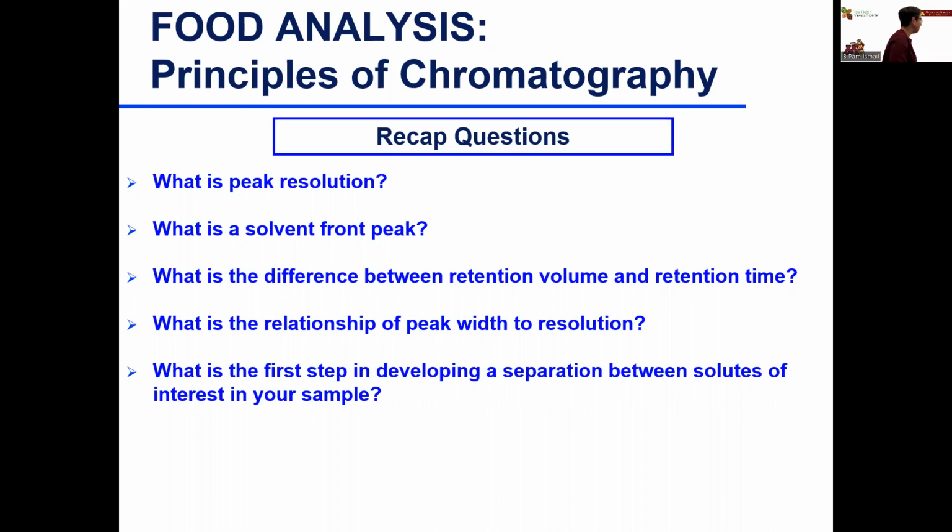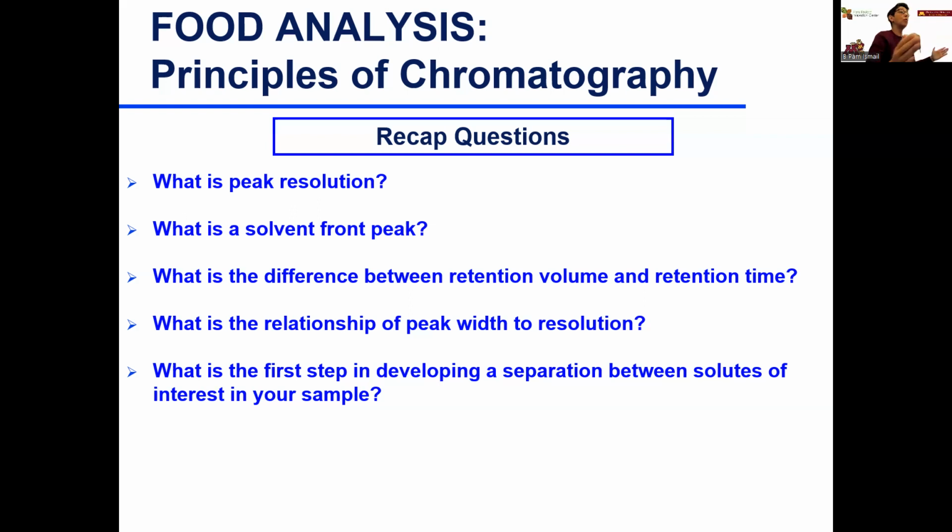What is a solvent front peak? Ash? It's the very large peak that you get at the start of your chromatogram. That is where most of your solvent comes in. Yes, so it's the solvent peak, and basically it doesn't have to be large. It's large in GC and it's very small in HPLC.